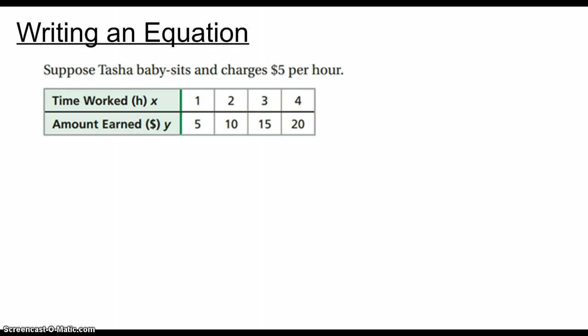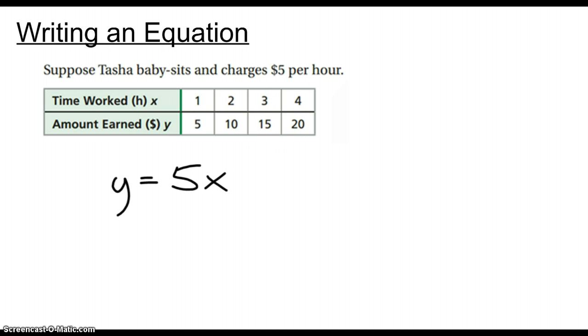The input is how many hours are worked, and then the output would be the amount of money earned, or Y. So if we did this in a Y to X notation, we could write Y equals 5 times X. Meaning if you work, let's say 3 hours, if you put 3 in for X, you do 5 times 3 hours, and you get $15 for Y. And that's, like I said, a pretty simple equation to figure out.